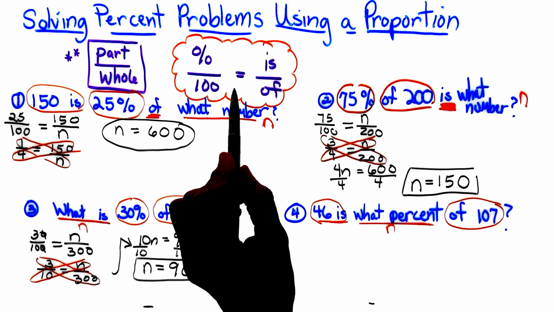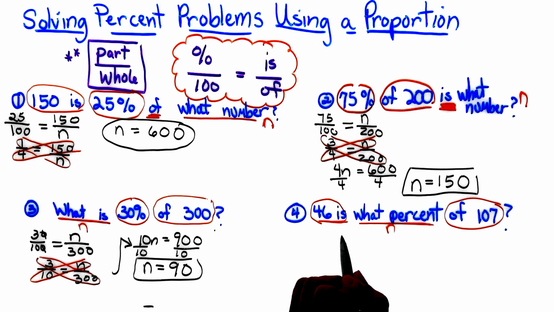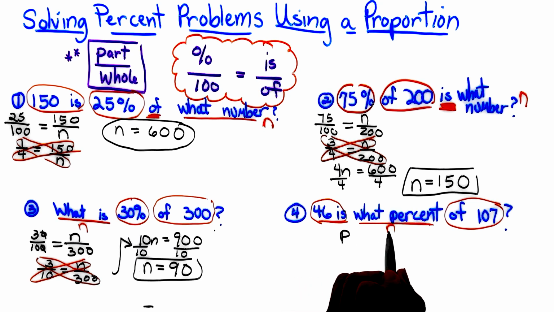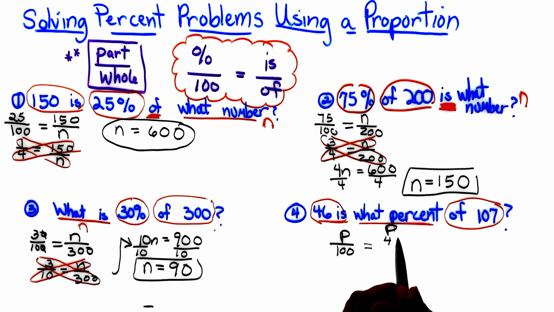Percent over 100 is equal to is over of. Well, we don't know the percent, so I'm going to put a p for percent. It doesn't matter what variable you use, I had an n there, but I'm going to make it a p. P over 100 is equal to 46 over 107.